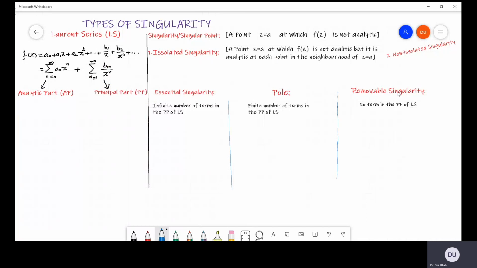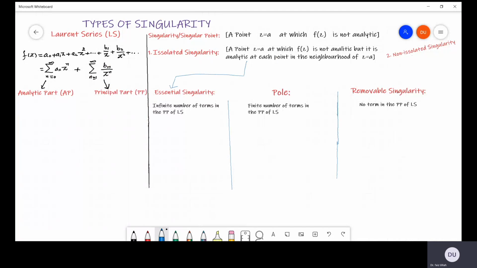So now let us discuss the first type, which is called the essential singularity. Look at the definition. If there are an infinite number of terms in the principal part of the Laurent series of a function f of z, then the singularity of that function is called an essential singularity.